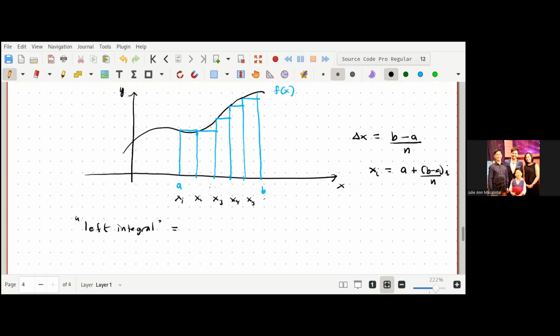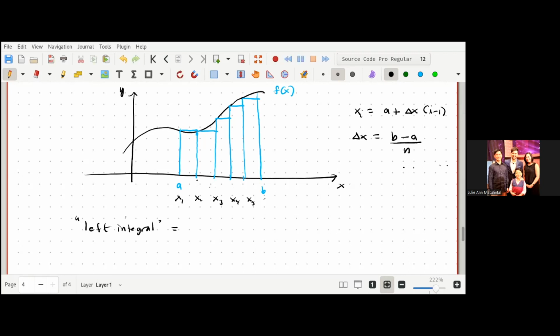So, if we check, for the case n equals 5, gusto natin a at i equals 0. So xi should be a plus delta x times i minus 1. So that when i equals 1, magsisimula tayo sa a. When i equals 2, magiging x2 nandito, and x3 and so on, kasi we're moving by steps of delta x.